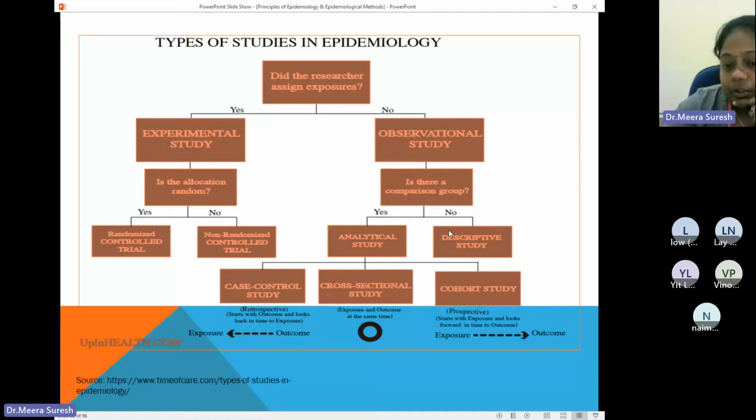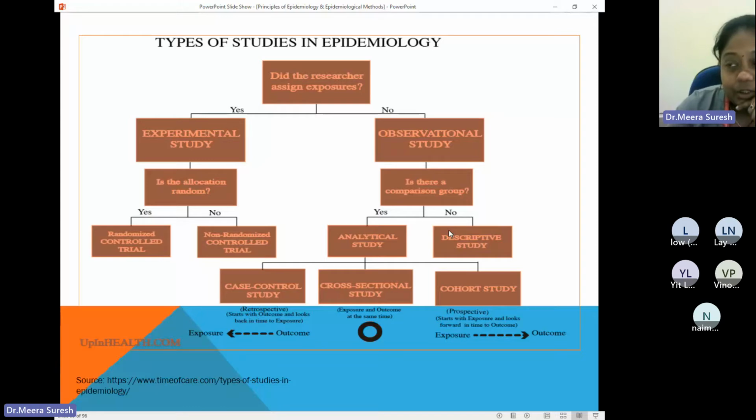In the case of cohort and case control, they can't do that study without a comparative group, so there is no doubt that it comes under analytical study. But the ecological study and the cross-sectional study can be done without a comparative group. That is why those two studies cause confusion about which category they belong in.